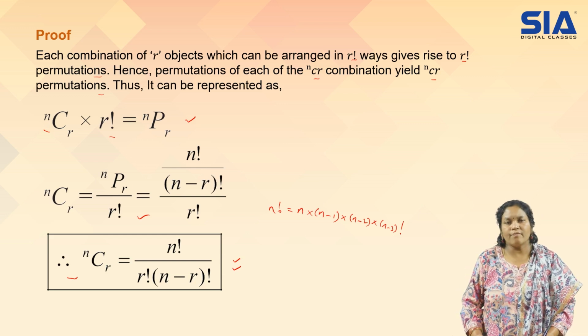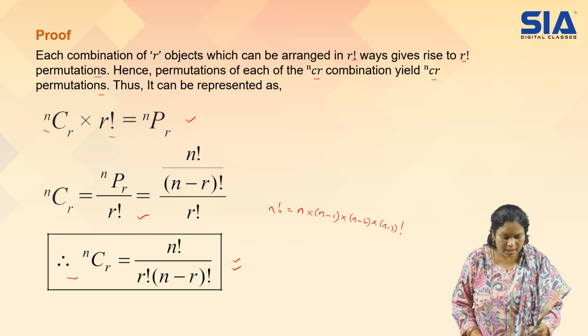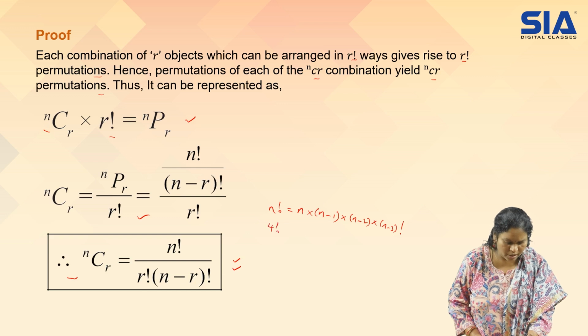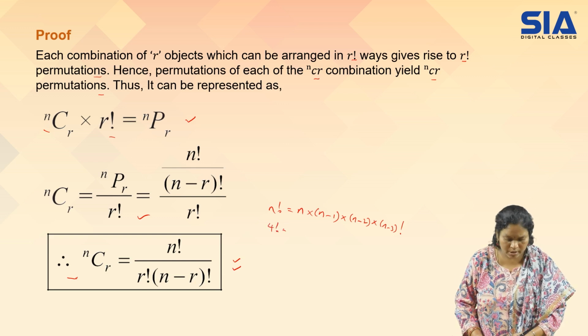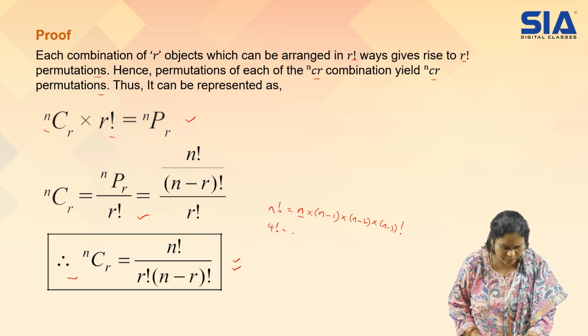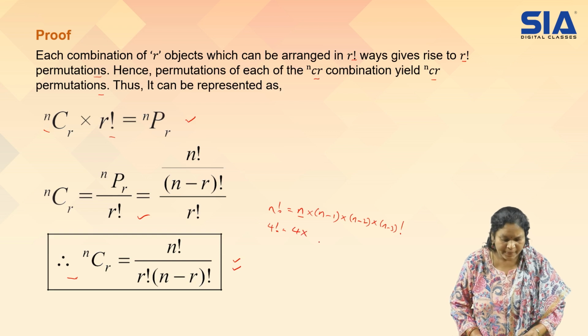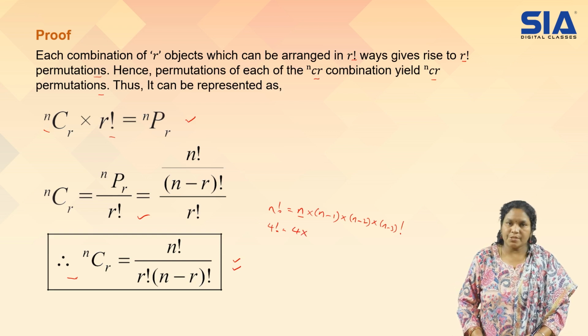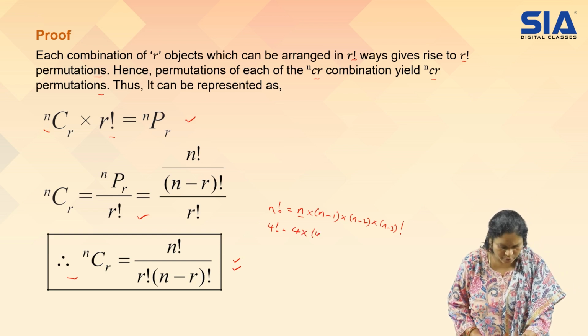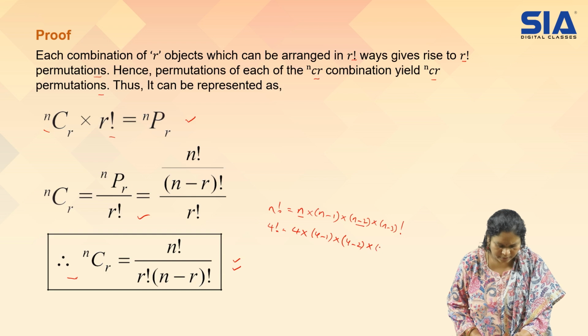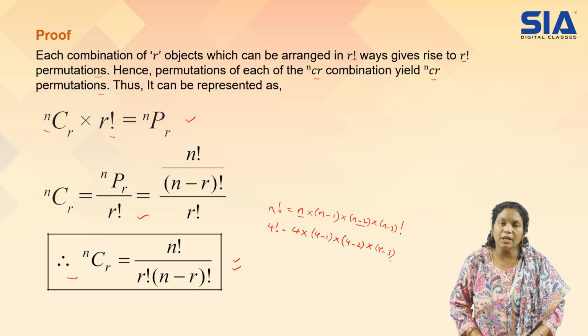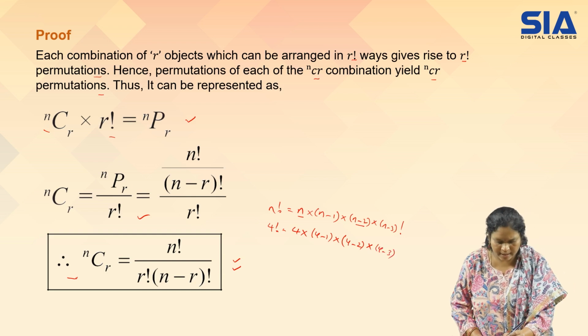Let us take some value and try to expand it. Suppose I want to expand 4 factorial. How to do this? First n, which means 4, into n minus 1, so 4 minus 1, into n minus 2, so 4 minus 2, into 4 minus 3, and it goes on until the last value.